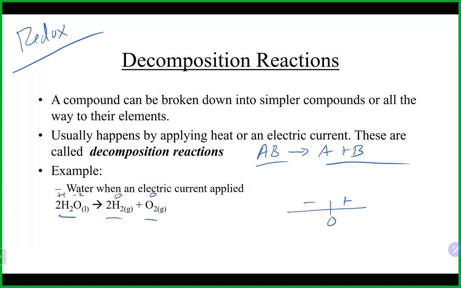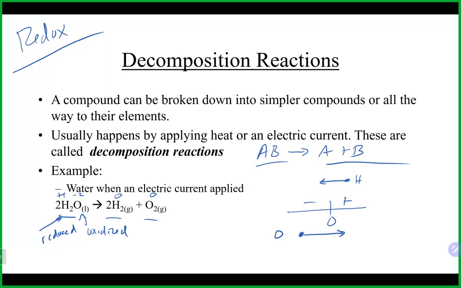So when you're going in the backwards route, the hydrogen is starting at +1 and ending at 0. So it's the hydrogen that is getting reduced. The oxygen is starting at -2 and ending at 0, and it is the oxygen that is getting oxidized as you go in this direction.